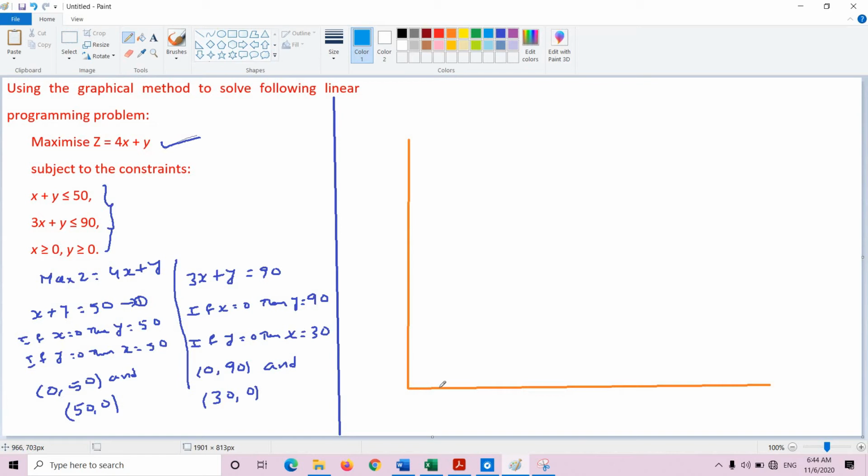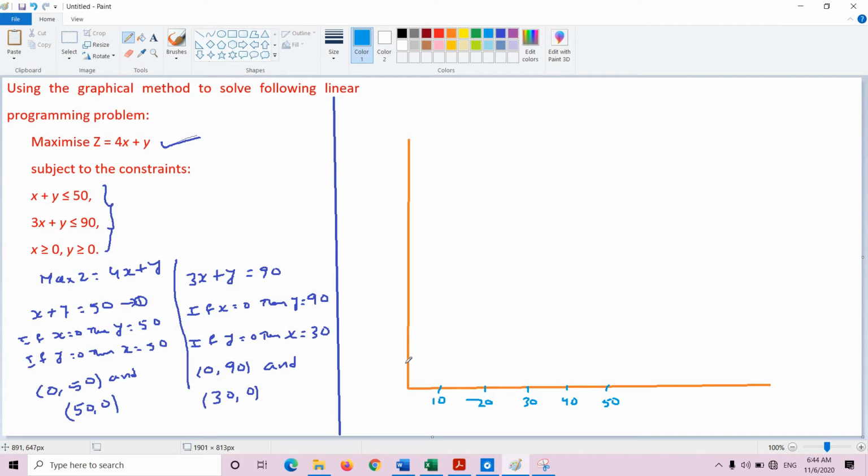On the x-axis I am going up in steps of 10: 10, 20, 30, 40 and 50. These are the values you require.